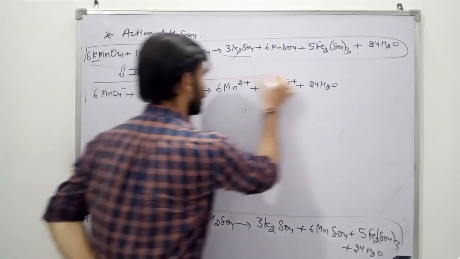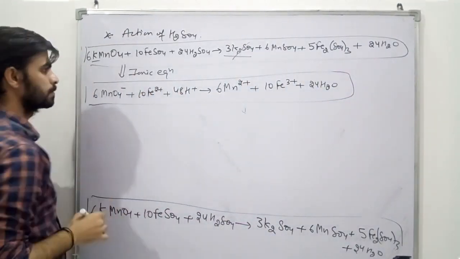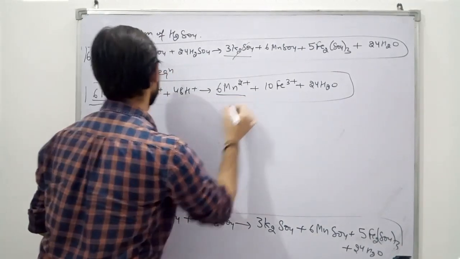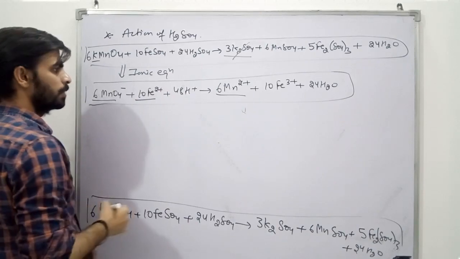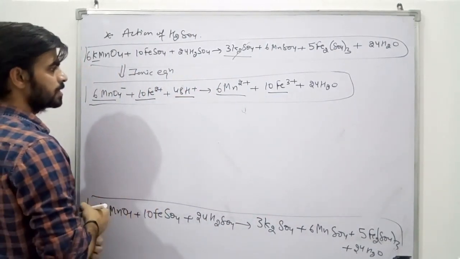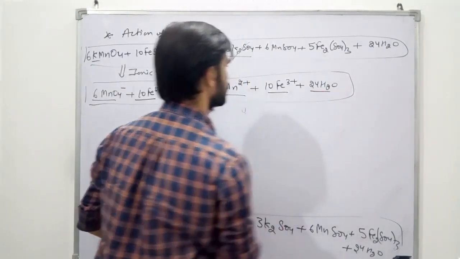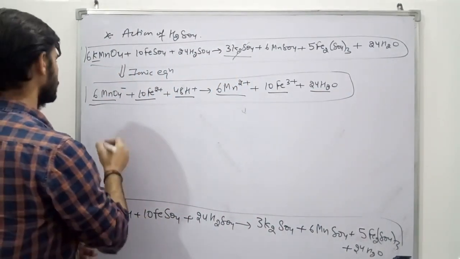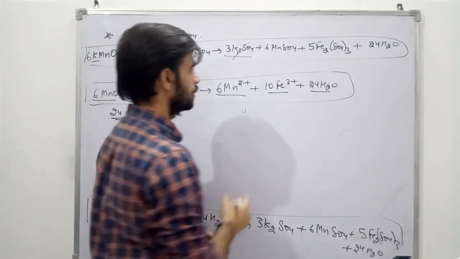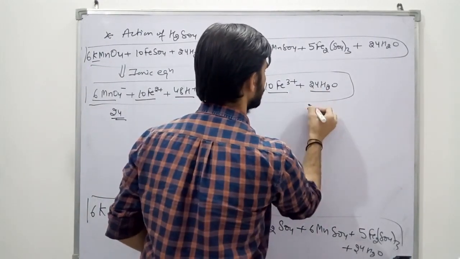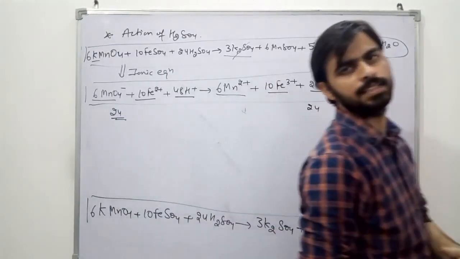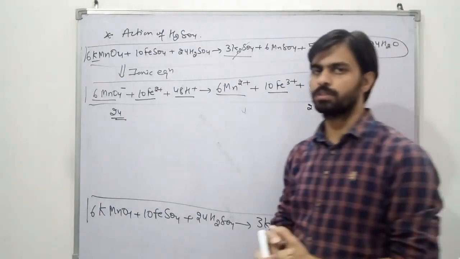This is your balanced ionic equation. Now check whether it is balanced or not. 6 manganese, 6 manganese, 10 ferrous, 10 ferric, 48 H plus, 48 H plus. Now oxygen: 6 times 4 is 24, and 24. So you have finally got the balanced ionic equation.